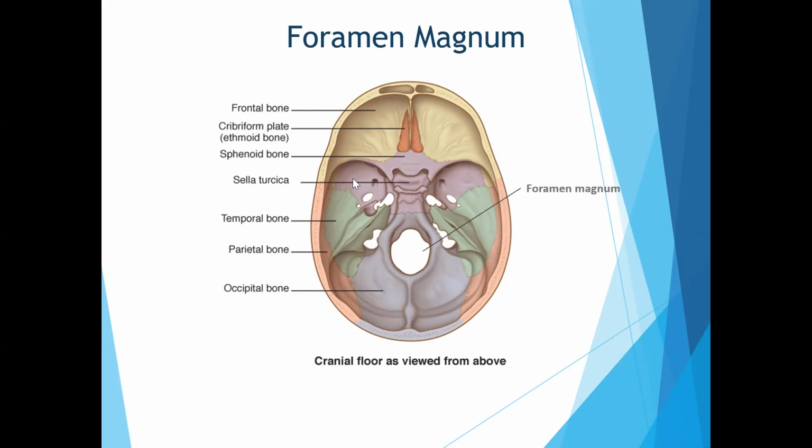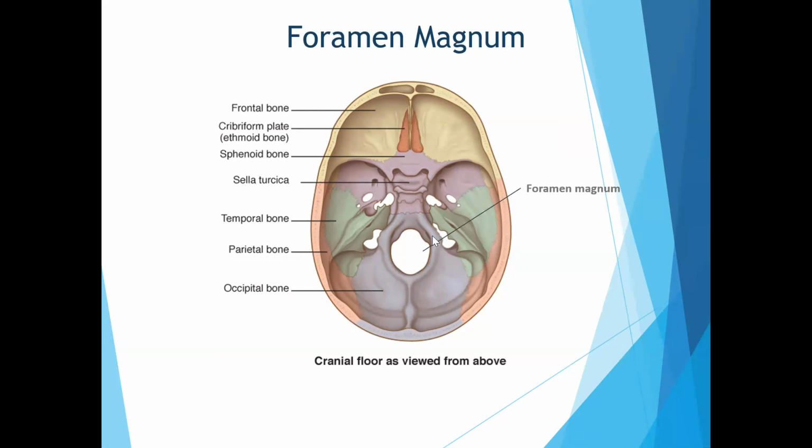So one feature of this sphenoid bone that I would like you to know is this sella turcica. And the only thing you need to remember about that is that that houses your pituitary gland, which is super important with your hormones and endocrine system. The main thing that I want to talk about in this slide is your foramen magnum. And so that's this big opening here.